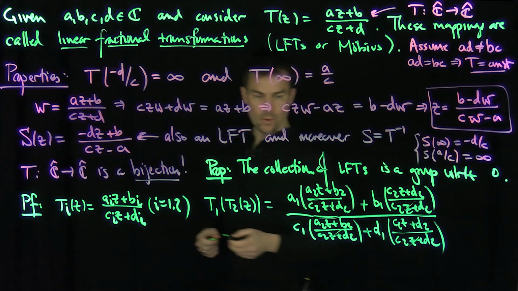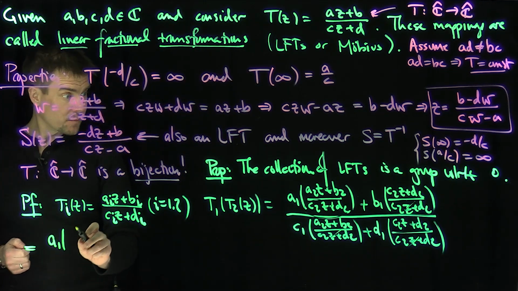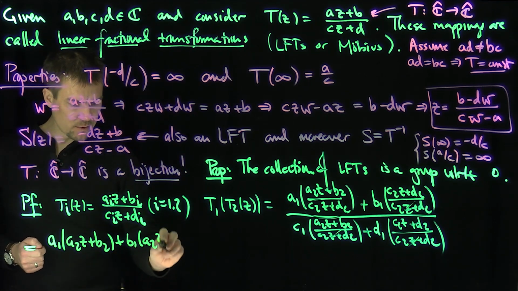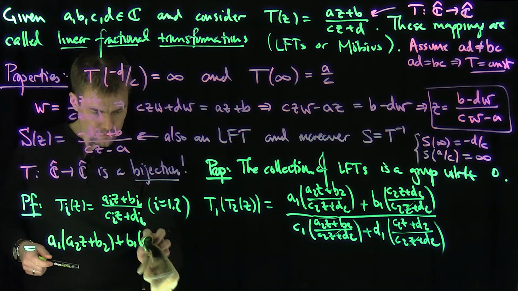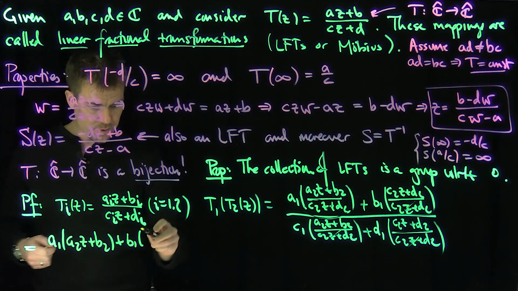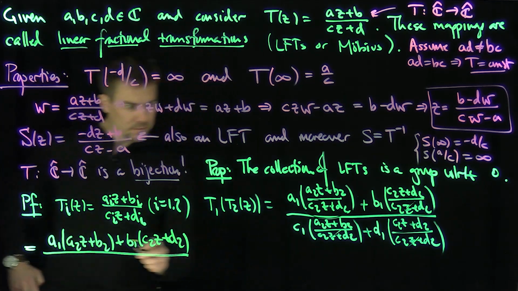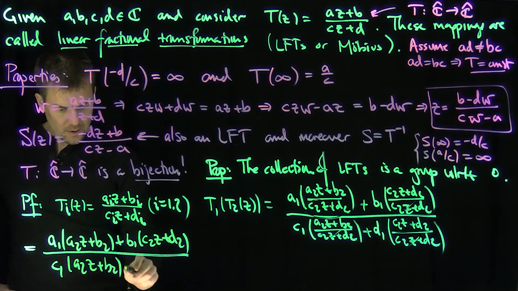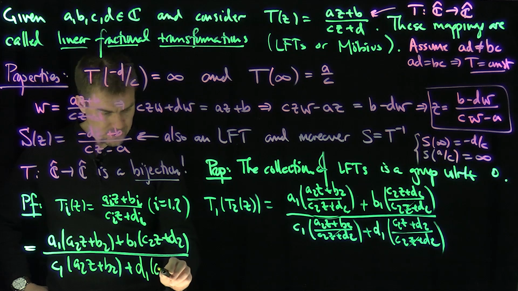If we summarize this, we're left with a1 times (a2 z plus b2) plus b1 times (c2 z plus d2), all divided by c1 times (a2 z plus b2) plus d1 times (c2 z plus d2), right?